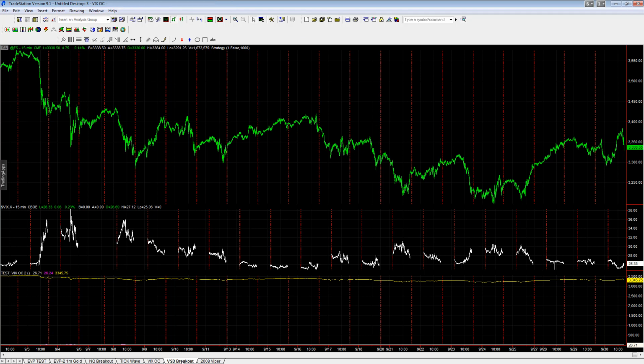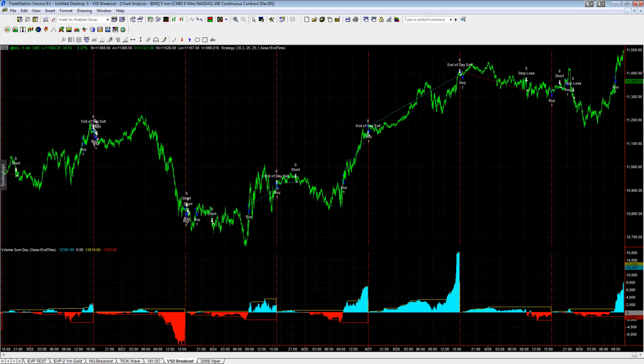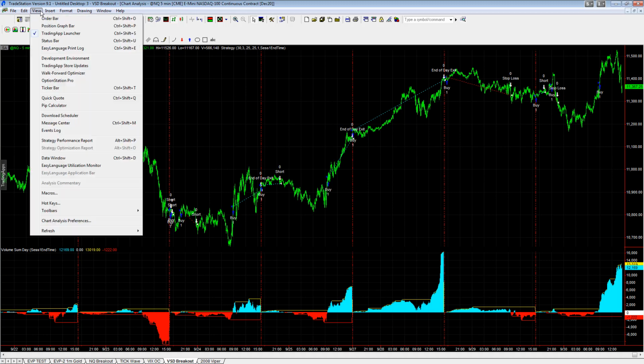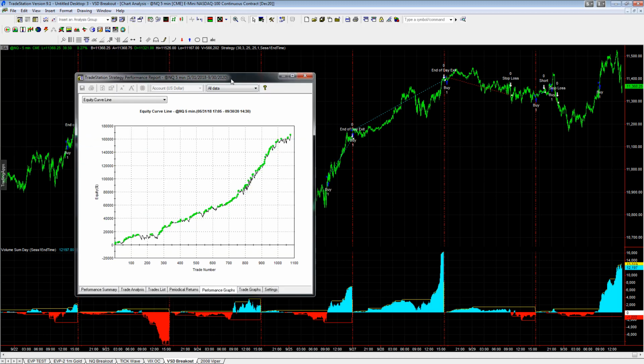And VSD breakout, volume sum day, is a very aggressive breakout strategy based on this volume sum day indicator, trying to determine the trend. You see the trades today, and momentum in this market has some really nice gains here since mid 2018.